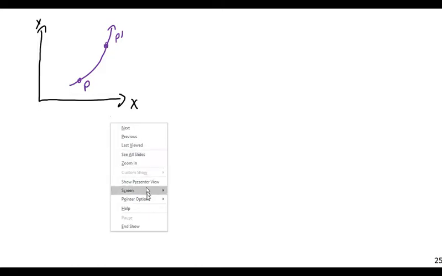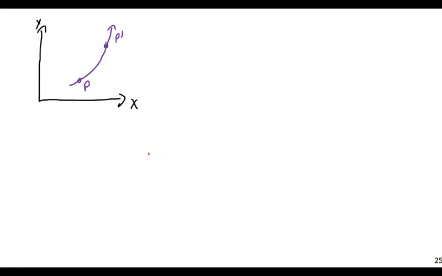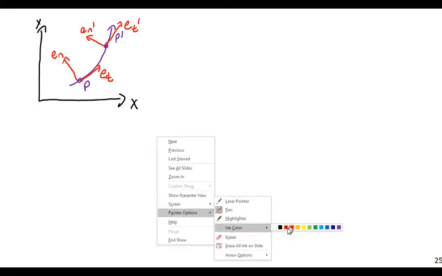And then I could have components ET and EN, and then ET prime and EN prime.